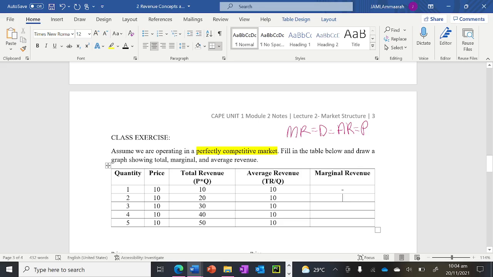Oh, my bad. So 20 minus 10, which would be 10. Then for 3 units of output, you're moving from 20 to 30. So that'll be 10 again. Then for 4 units, you're moving from 30 to 40, which would be 10. And when you're moving from 4 to 5, you're also moving from 40 to 50, and that would make the marginal revenue equal to 10.